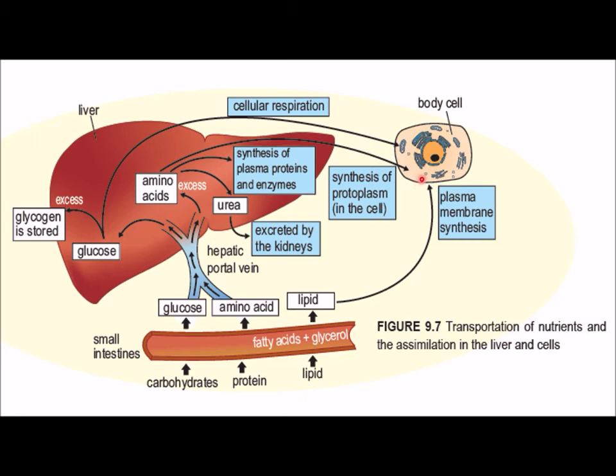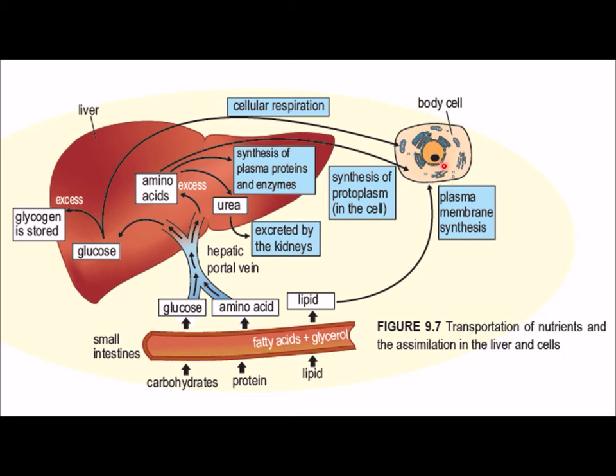Now, in the cell, the glucose, of course, is used for cellular respiration. And then the amino acids are used to synthesize protoplasm, to repair damaged tissues, and to form hormones and enzymes.